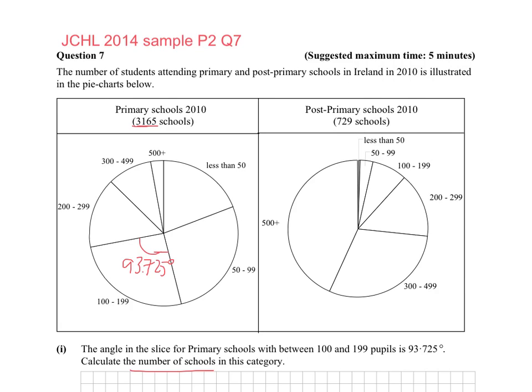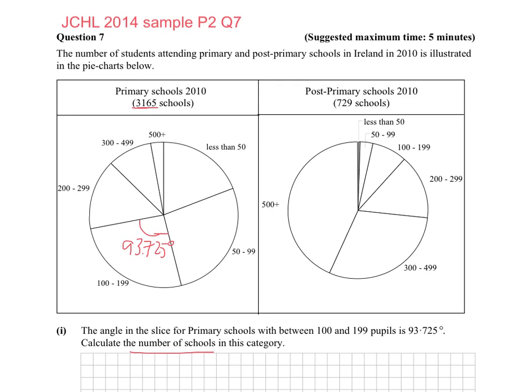Now, we know that there are 3,165 schools in total, so we need to find a fraction of that amount. So, in total, we have 93.725 degrees out of 360 degrees of 3,165 schools.